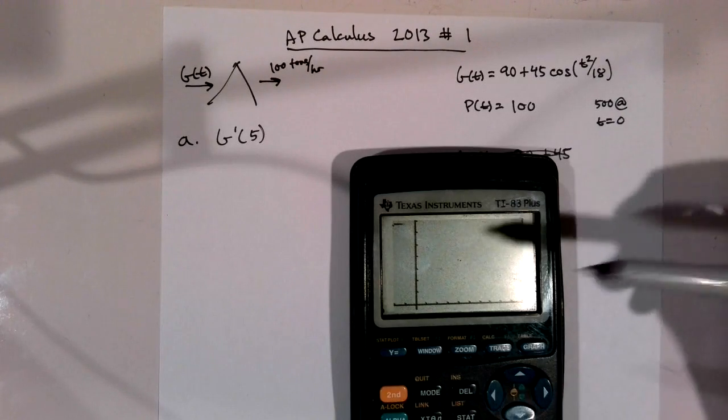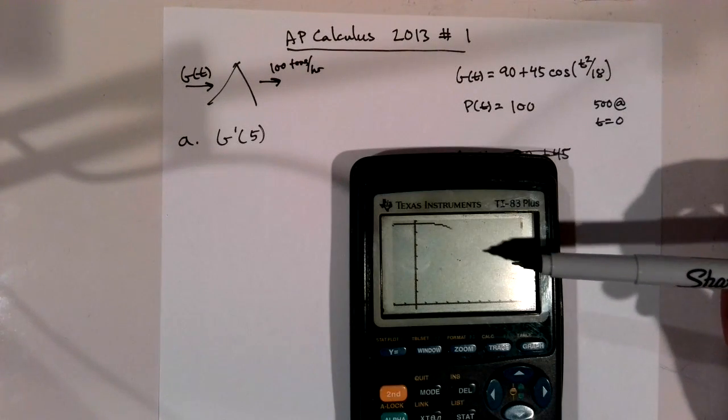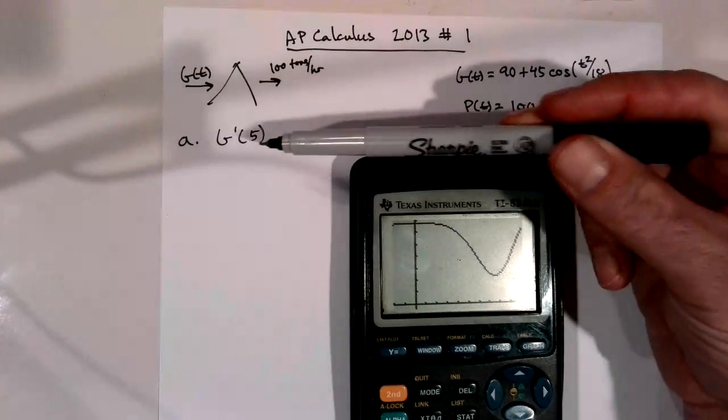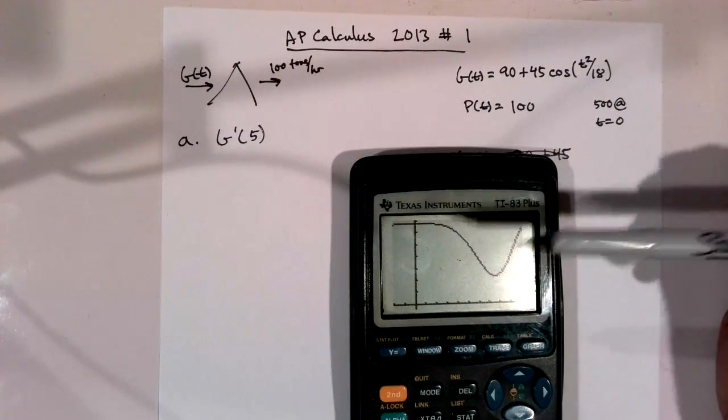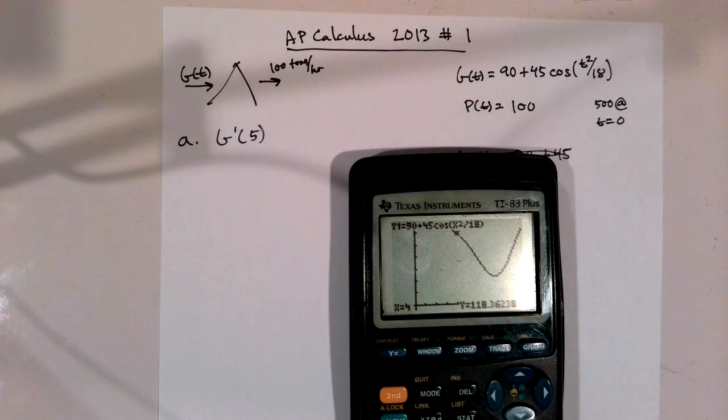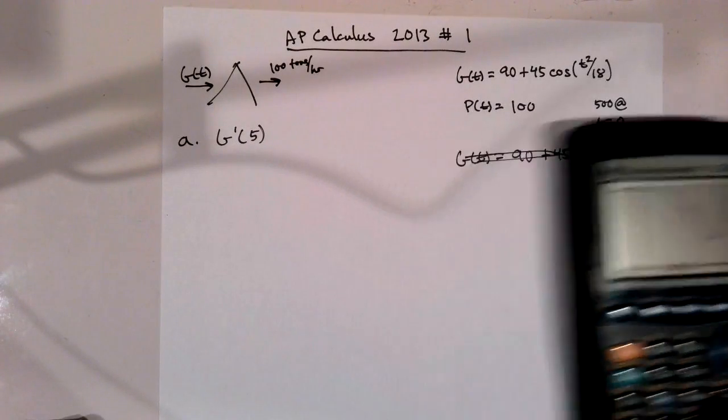And now as I graph this, I should see this cosine graph. There it is. And we are wondering G prime of 5, the derivative of this. If I calculate the derivative, number 6, I type in 5, and it gives me -24.587.